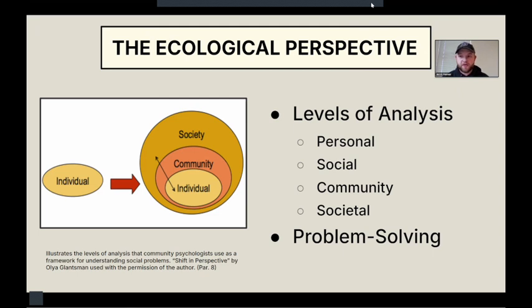At the core center, we have the individual, then we have community, and then social. Community psychologists can utilize this for gauging different things such as human behavior, thoughts, and feelings. And they try to use this to gauge how societies, communities, and individuals are intertwined.